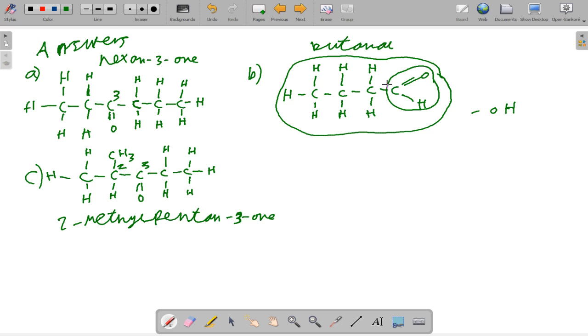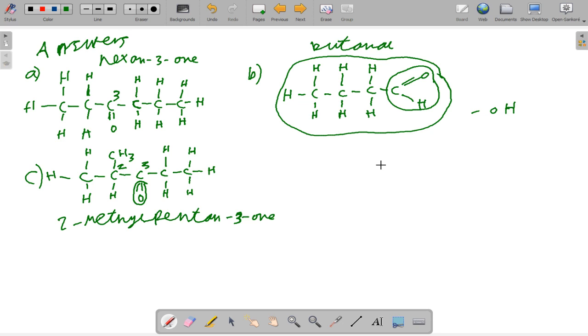So you have 4 carbon atoms, double bond O H, and nothing else to be done other than filling in your hydrogens. For 2-methyl pentan-3-one, you have a methyl group at carbon 2, and a ketone group at carbon 3, and you fill all the rest with hydrogens.